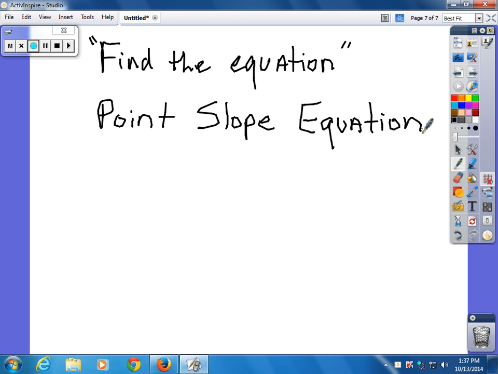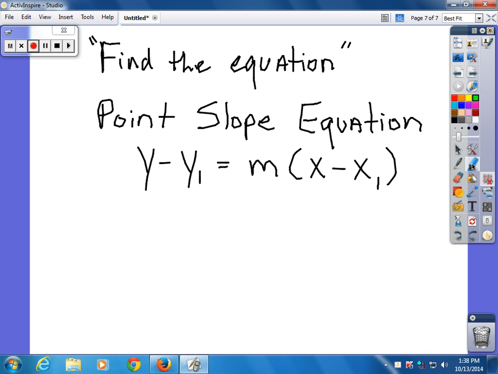Point slope equation is y minus y sub 1 is equal to m times x minus x sub 1. Now you want to highlight that because that's important, just like the slope equation is. And that's called the point slope equation.